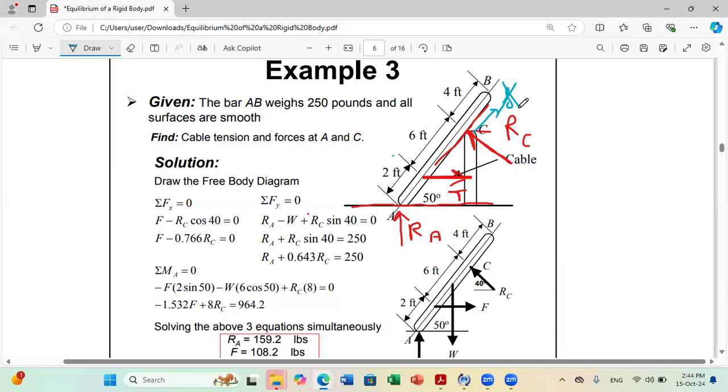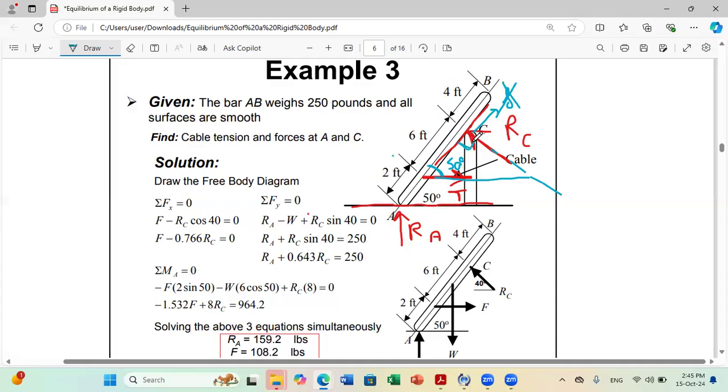So now to be able to project RC, you need to consider the angle between RC and the horizontal line. From your figure, this angle here is 50 degrees, and you have here a right triangle.